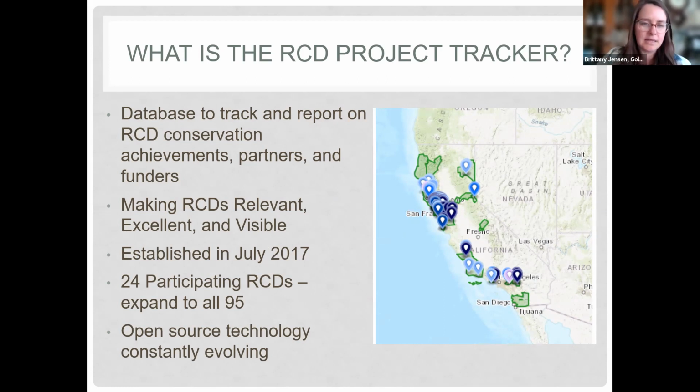Any entity that is listed in your projects as you enter it into the project tracker can have any data associated with them summarized. So if it was the Department of Conservation funding a bunch of projects, they could look up a specific fund and see what all the different RCDs did on that project. Or you could see all the projects that you did in 2019 or whatever.